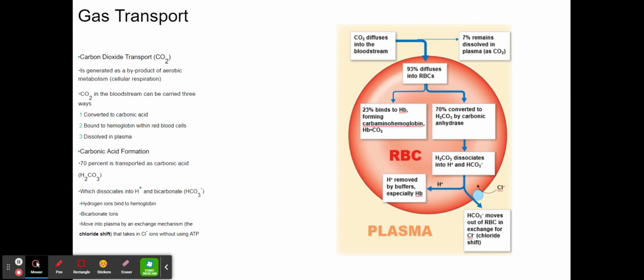So the first is carbonic acid formation. Roughly 70% of the carbon dioxide absorbed by blood is transported as molecules of carbonic acid. Carbon dioxide is converted to carbonic acid through the activity of the enzyme carbonic anhydrase in red blood cells. The carbonic acid molecules immediately dissociate into a hydrogen ion and a bicarbonate ion, as we described earlier.